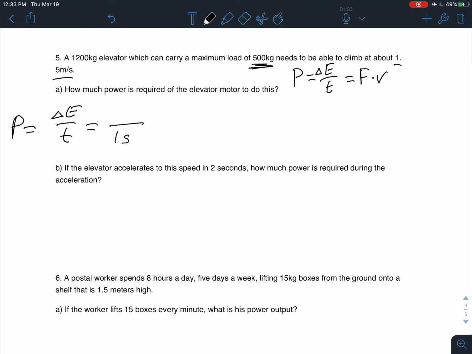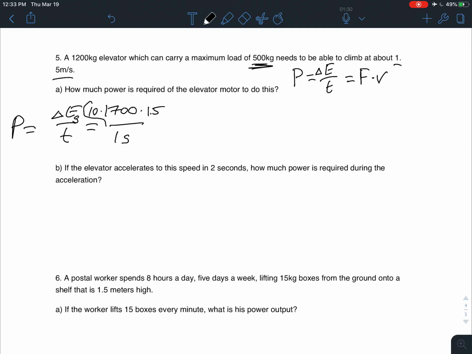So let's see, that means that the change in energy, which is a change in gravitational energy, that's what's happening to the elevator, it's EG. So that's going to be M, which should be 1,700, times 10 m, and then the h is going to be 1.5 meters in 1 second.